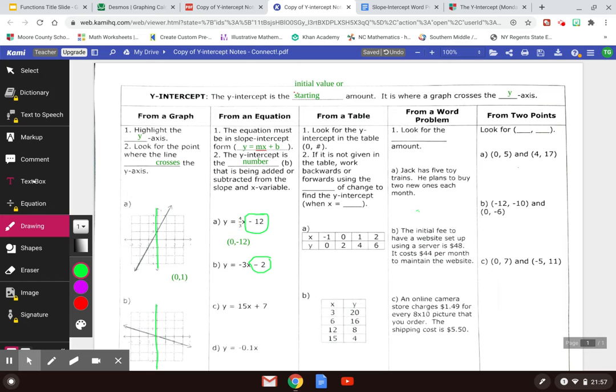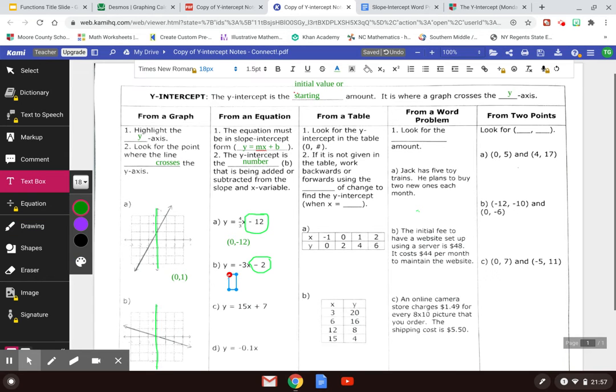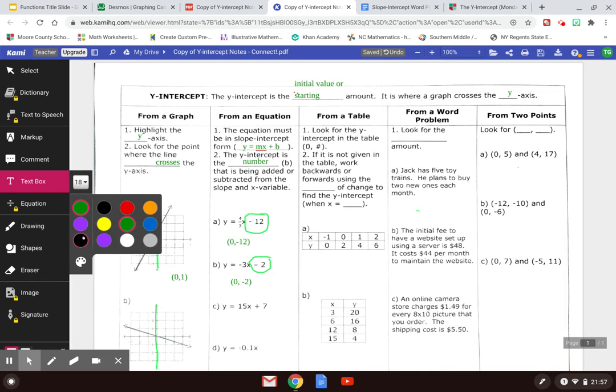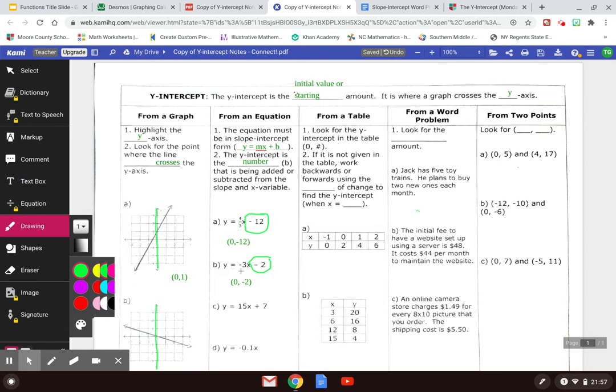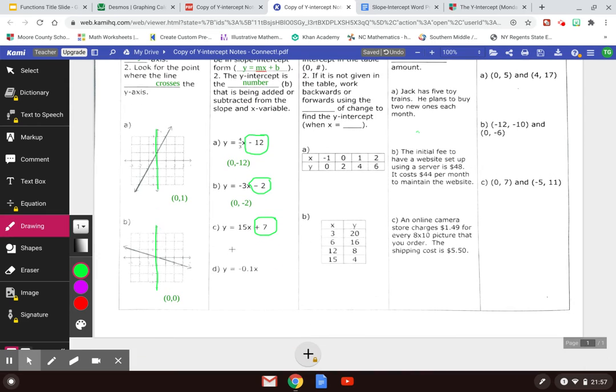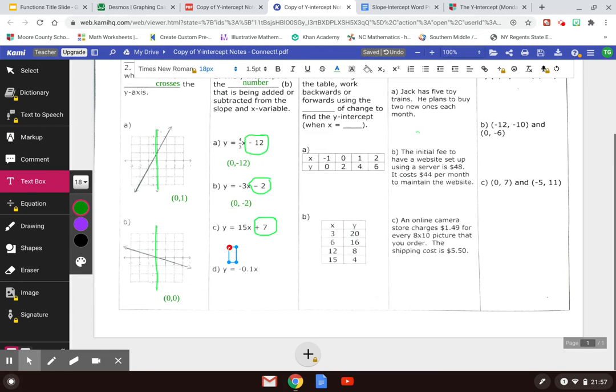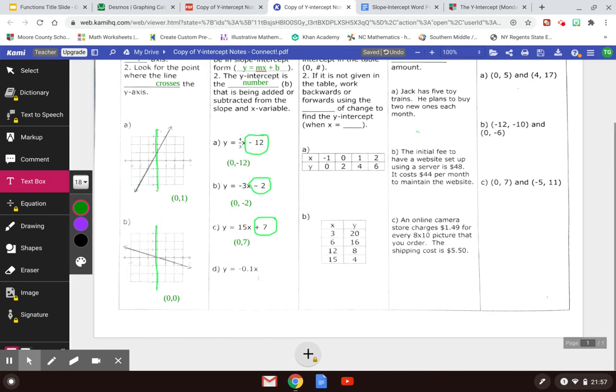All right, again, 0, negative 2, because you keep the sign that is in front of the number. So here I've got y equals 15x plus 7. So plus 7, or just 7 by itself, would be the answer here.